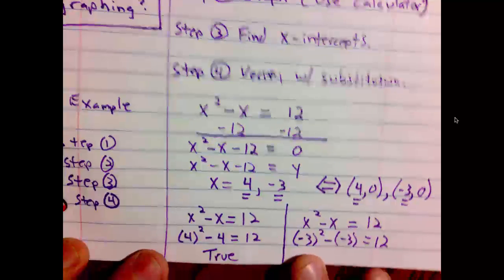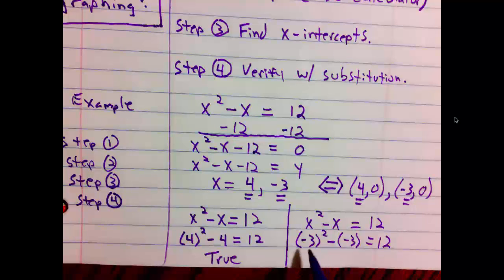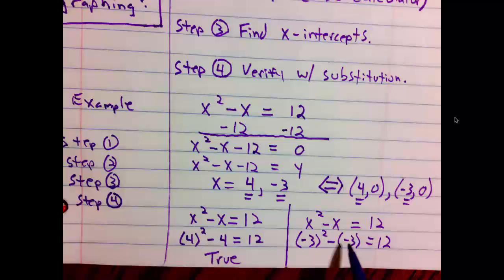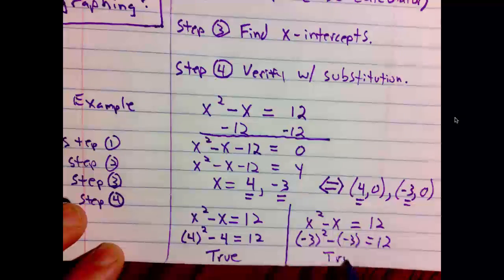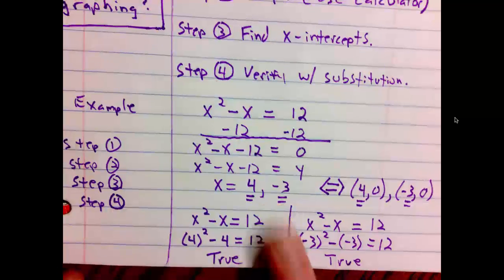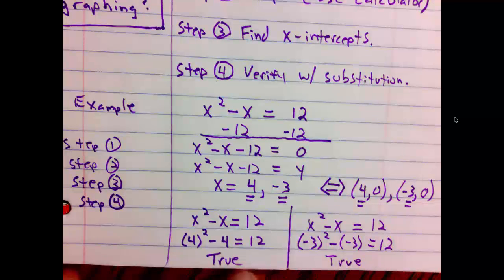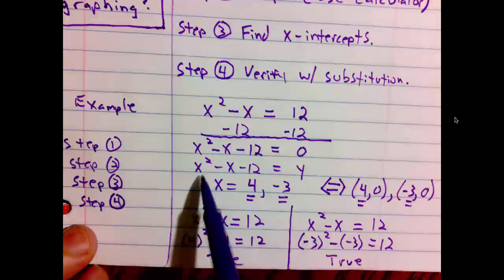I could use my calculator on this one, but let me see if I can do this in my head. Well, -3 squared is -3 times -3, that's 9. Minus a negative is like plus, so 9 plus 3, is that 12? That's true too. So we see that 4 and -3 both satisfy our equation. They both give us true statements. Therefore, they are the solutions.